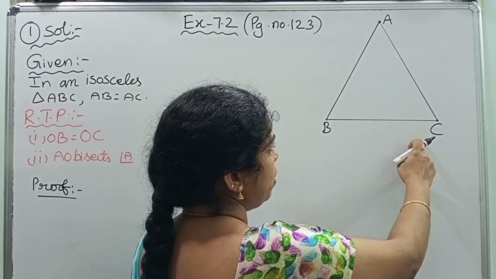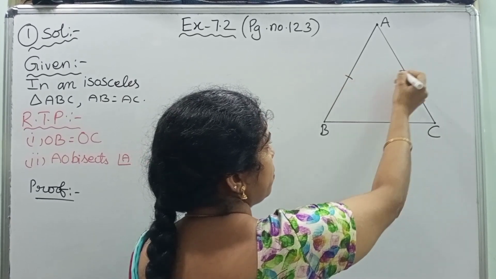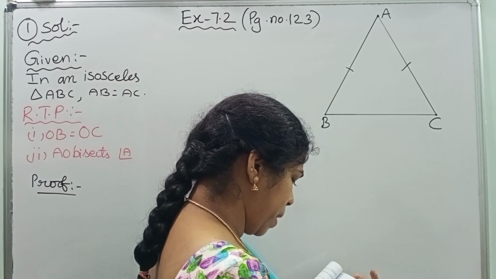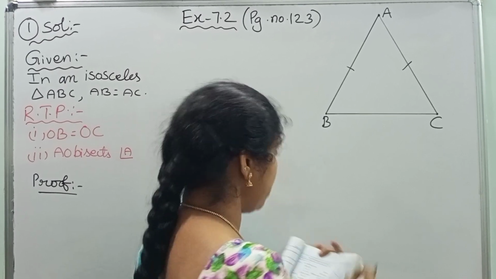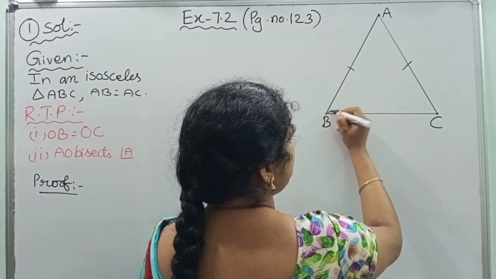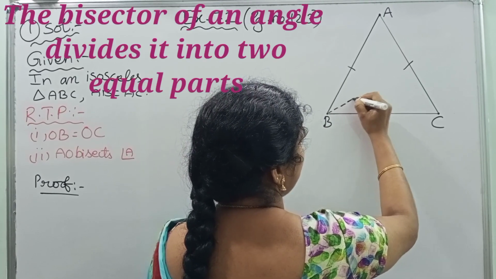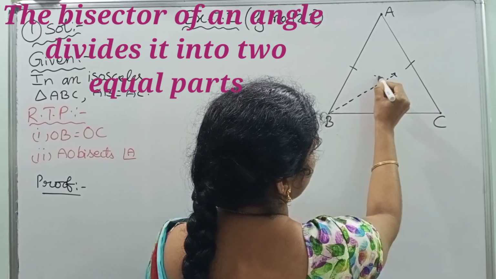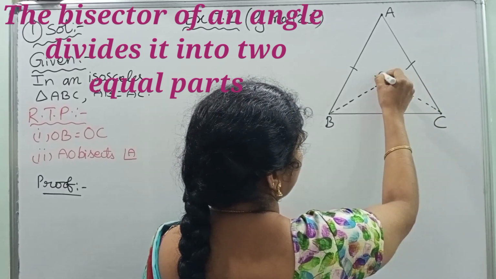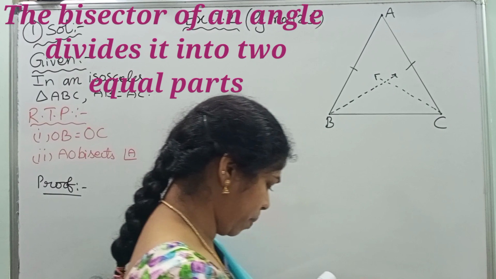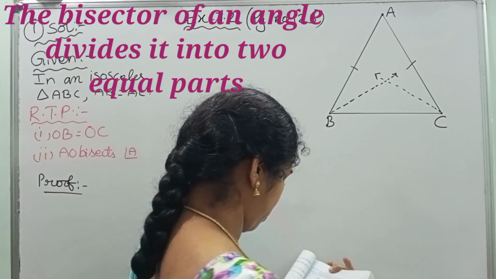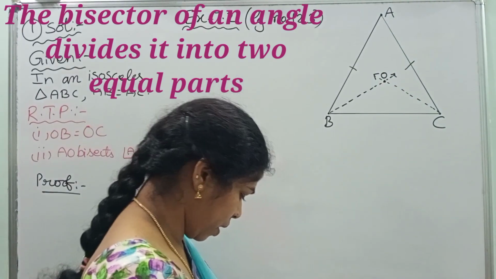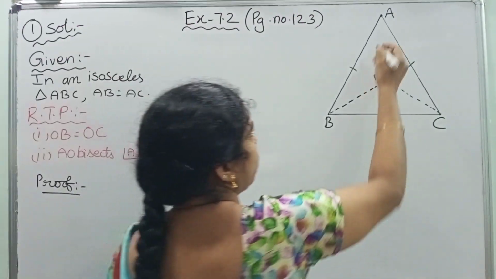In triangle ABC, it is given that AB is equal to AC. Then the other point is, the bisectors of angle B and angle C intersect each other at point O. Join AO.